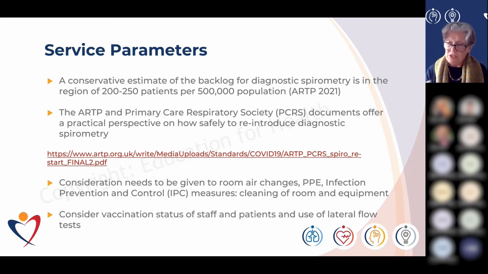What they are suggesting is that we need to have 6 air changes per hour when we're providing spirometry services, appropriate PPE, infection prevention and control measures, and the cleaning of the room and equipment, and consideration for the vaccination status of staff and patients, and the use of lateral flow tests might need to be a consideration for you. So I'm going to go into that in a wee bit more detail.